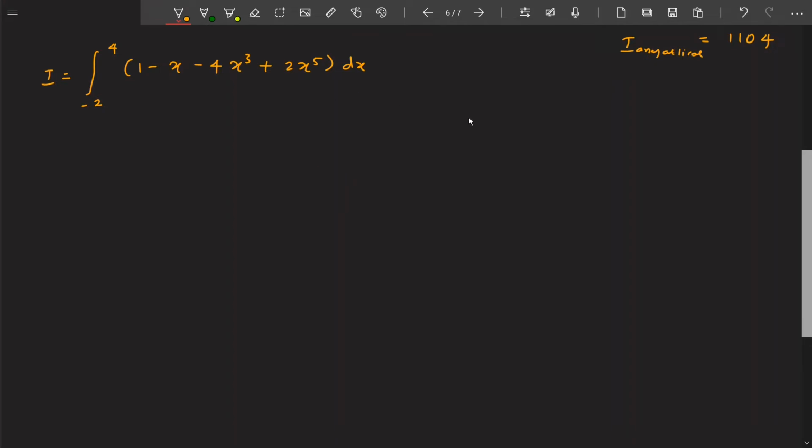So we have to solve this problem using, let us say, 2-point Gauss Quadrature.